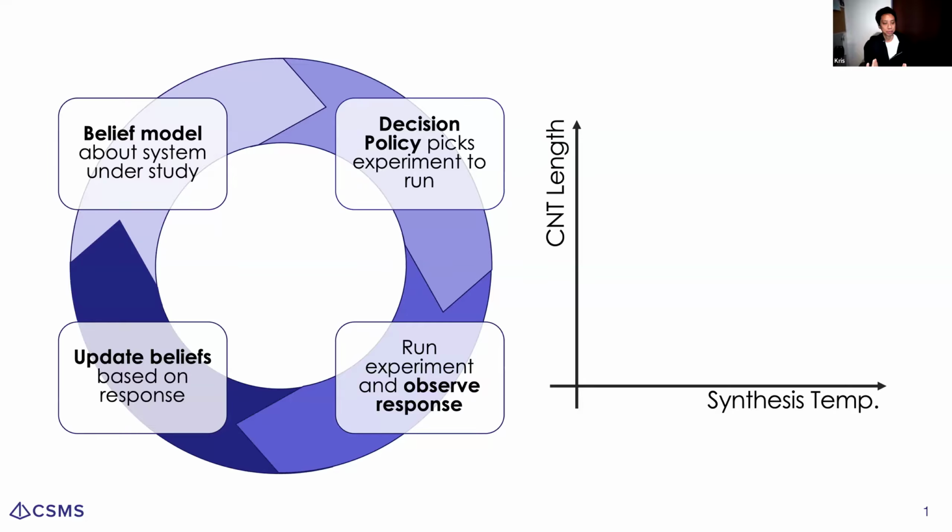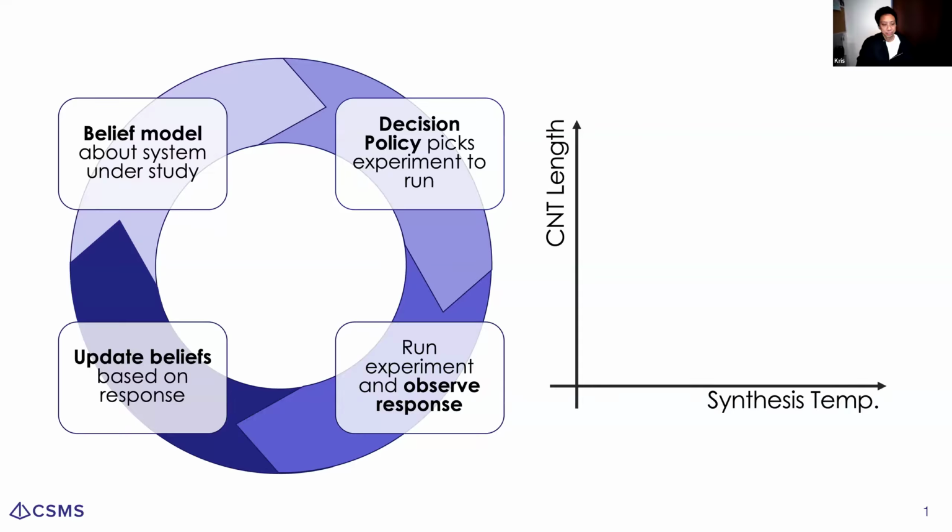What you're trying to do is optimize. So you have your recipe, you synthesize your material, or you fabricate your device, and then you measure some property of that material. And what you're trying to do in the optimization setting is to find where that property is maximum, for example, with respect to your synthesis recipe.